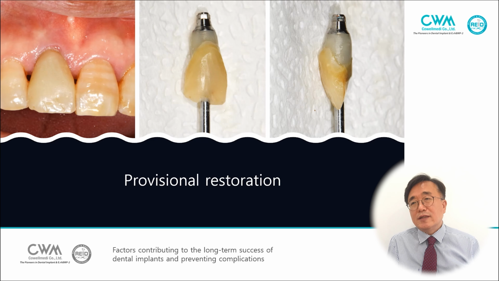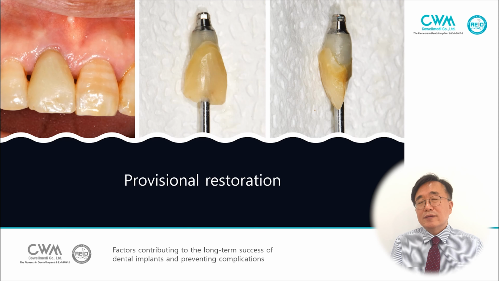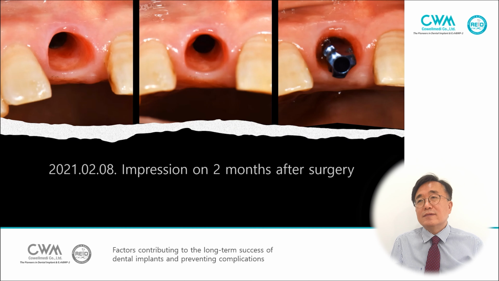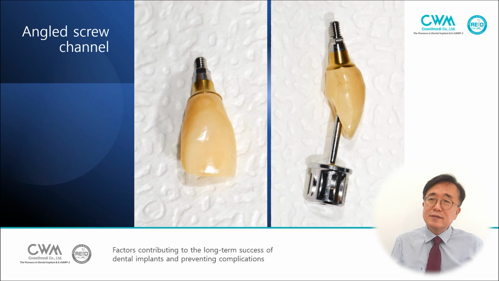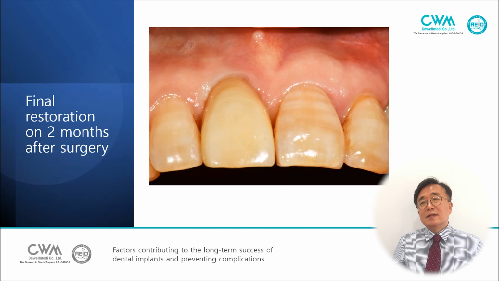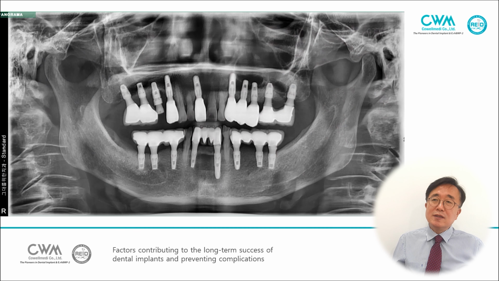This standard X-ray showed the emergence profile is maintained during 2 months, and impression. This emergence profile, sub-gingival ceramic margin and angled screw channel is used in the final restoration.